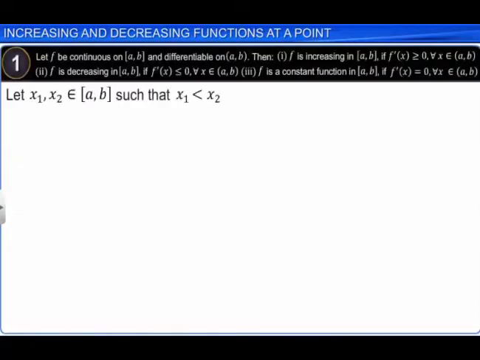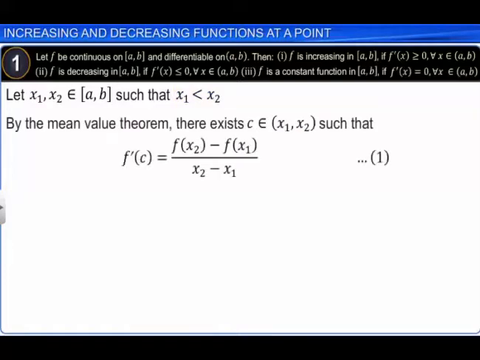Consider two arbitrary elements, x1 and x2, such that x1 is less than x2 in the closed interval a comma b. By the mean value theorem, there exists an element c in the open interval x1 comma x2 such that the derivative of f at point c is equal to the value of f at x2 minus the value of f at x1 upon x2 minus x1.